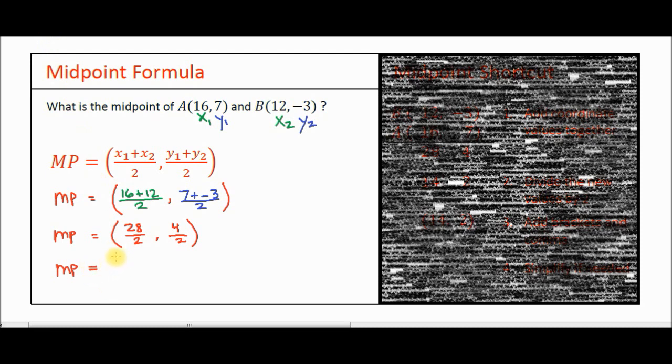The midpoint is equal to 28 divided by 2 is 14, and 4 divided by 2 is 2. So our midpoint between points A and B is found at the coordinate (14, 2), where 14 is our x value and 2 is our y value.